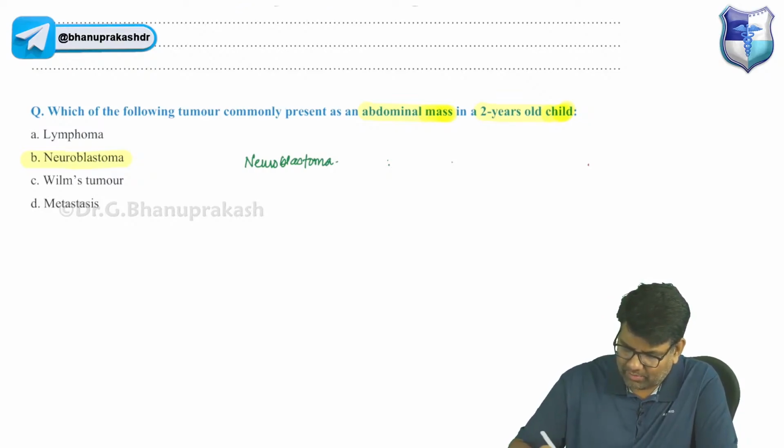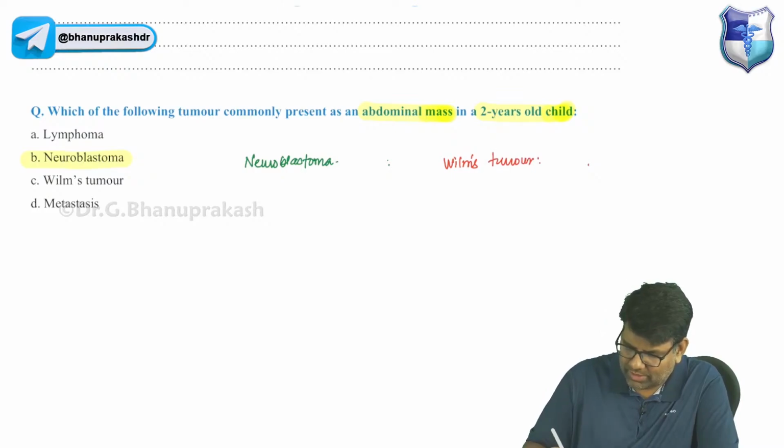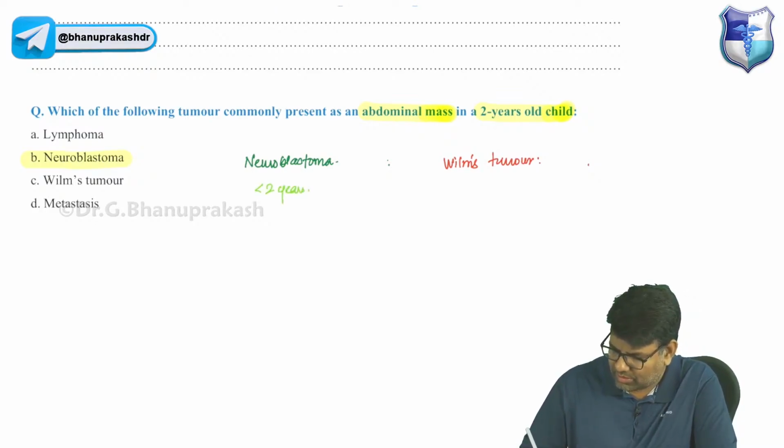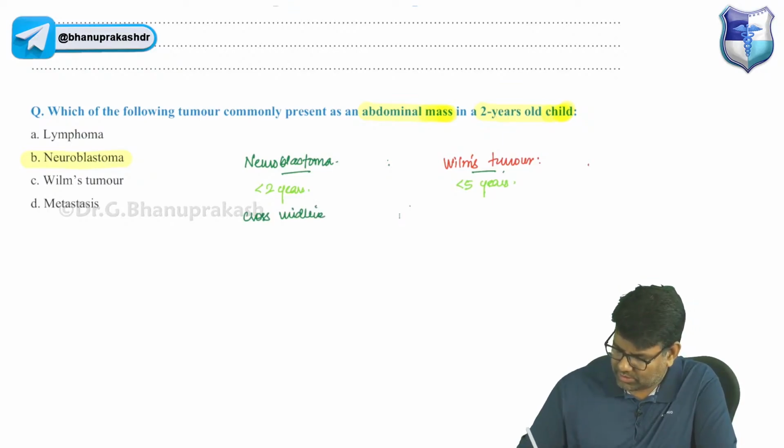And any idea what the differences are? Neuroblastoma is most commonly seen in less than 2 years. Wilms tumor is somewhere around 5 years. Both conditions present as an abdominal mass, but neuroblastoma can cross the midline, while Wilms tumor doesn't cross the midline.